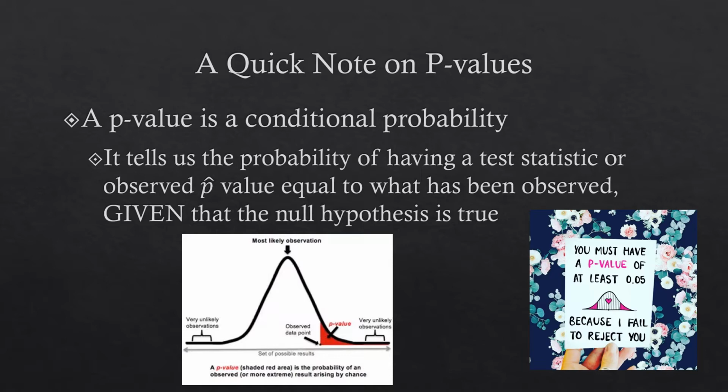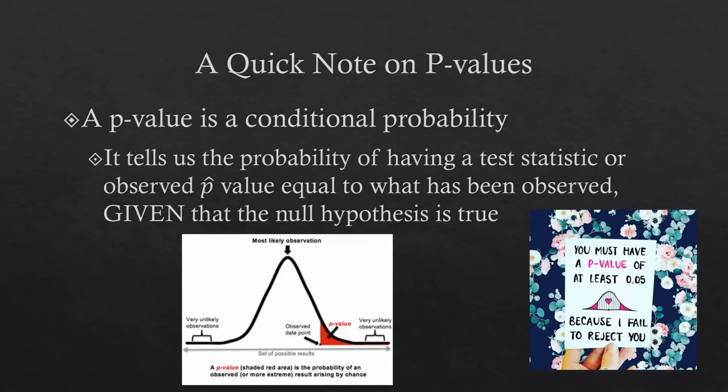So in a hypothesis test, what we do is we assume that the null hypothesis is true. So given that the null hypothesis is true, a p-value tells us the probability of observing what we did in our sample, okay? So for example, if our hypothesis is that p is equal to 0.5, but our p hat value from our sample is 0.15, so 15%, that's a really significant difference, and that would likely lead us to believe that a p-value would be really, really low in that case.